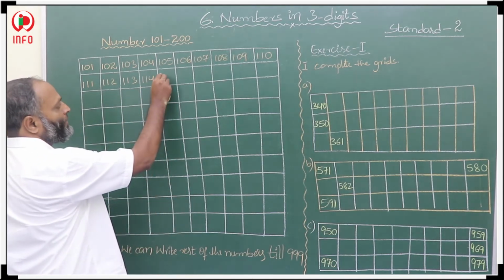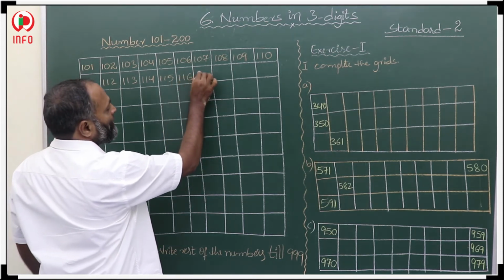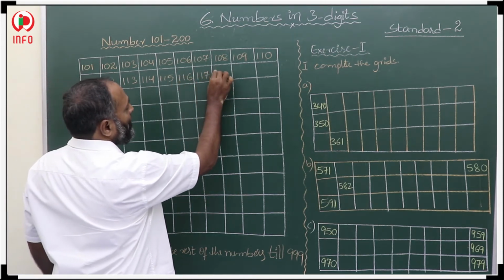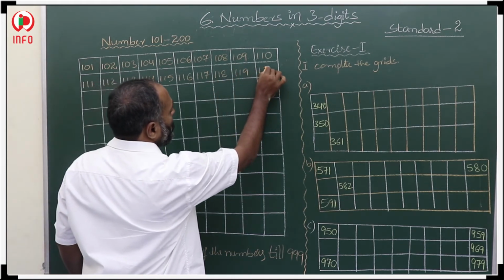Here in hundreds place 1, 14 is there, then 115, 116, 117, 118, 119, 120.